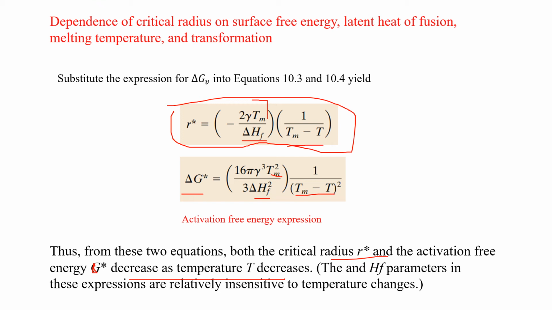We have explained this with the plot, figure 10.3. Schematic plots are given. Then the gamma and delta HF parameters in these expressions are relatively insensitive to temperature changes.